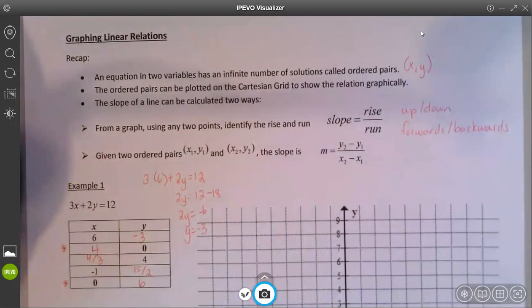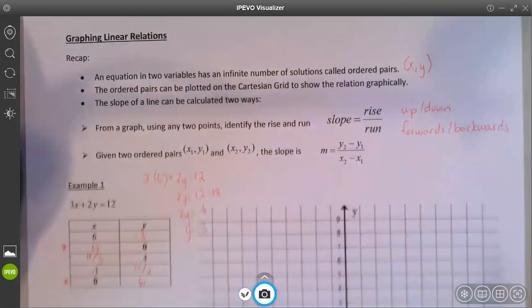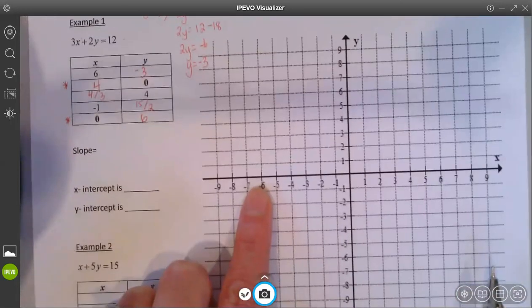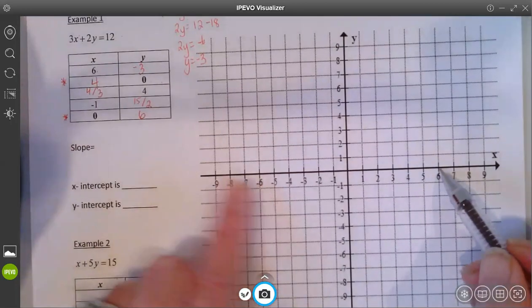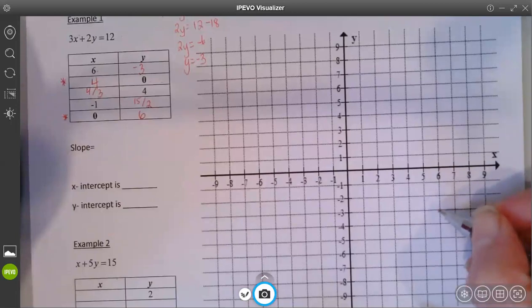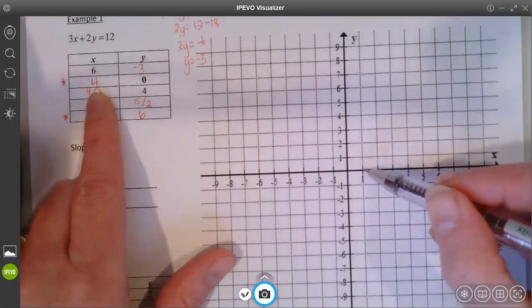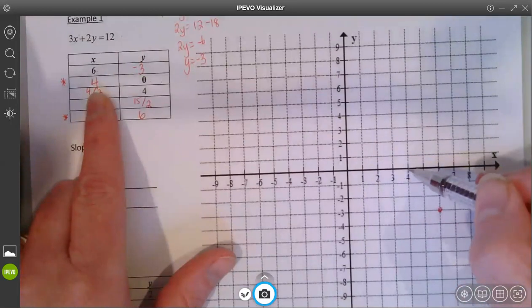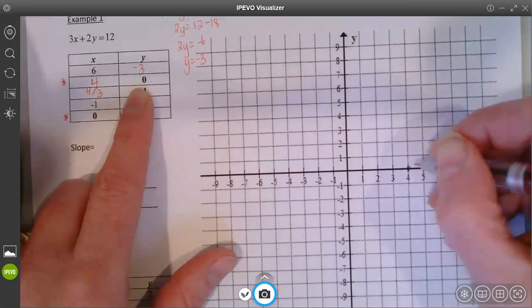So what we need to do is take these ordered pairs and graph them. So the first thing we're going to do is go over to positive 6 on the x-axis and down 3. 1, 2, 3. There's our first point. Our next point is 4, 0. 1, 2, 3, 4 on the x-axis, and our y-coordinate is 0.